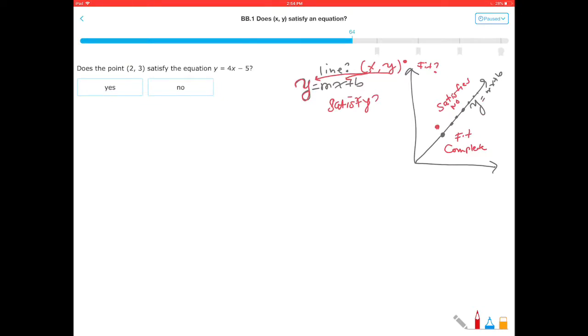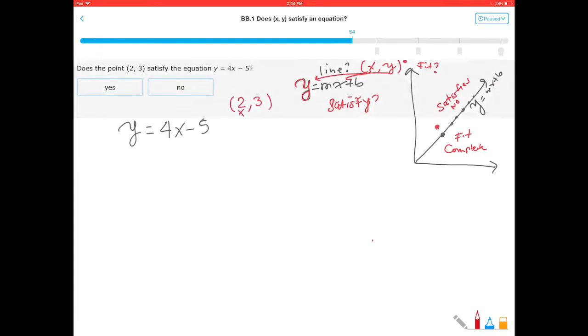So what you would do is test out your equation. Here we have an example, y equals 4x minus 5. What you want to do is substitute the point that they give you.